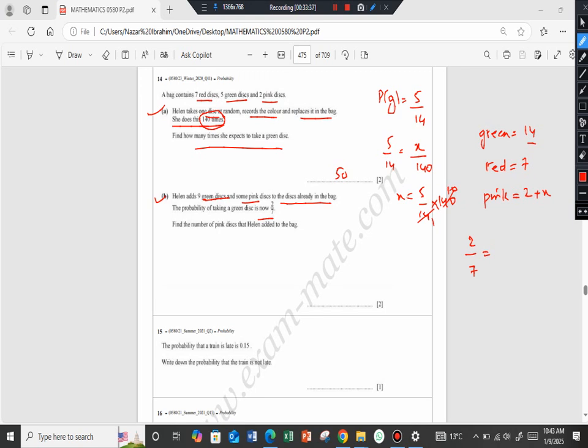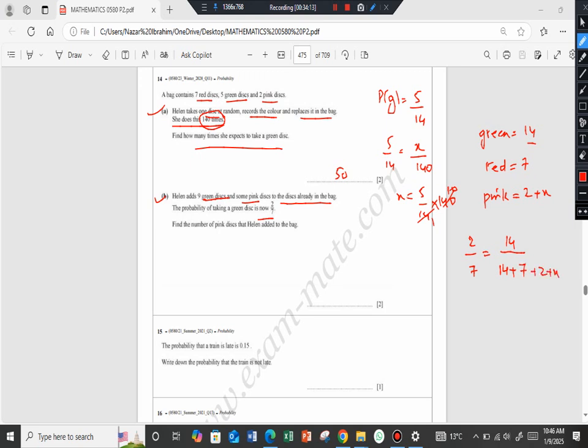So we are given the information that the probability of taking a green disc now is 2 upon 7 and total green discs are 14, right? So the total outcomes, which are the total discs, are 14 green discs plus 7 red discs plus 2 plus x.